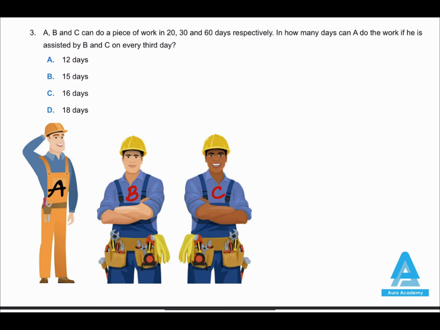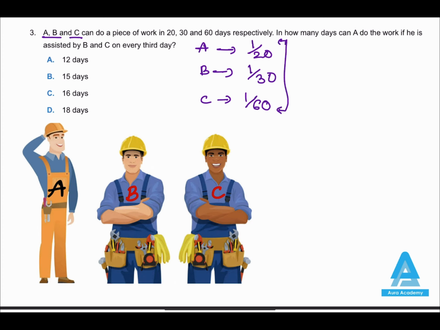Now suppose A and B and C are working alone, then work done in a day: A is 1 by 20, B is 1 by 30 and C is 1 by 60. This is work done in a single day.